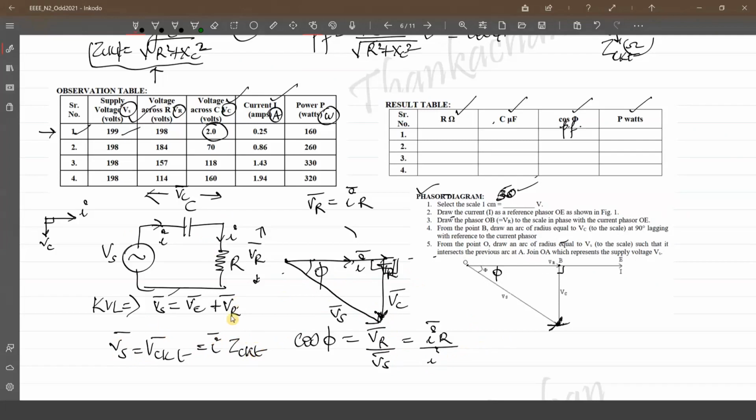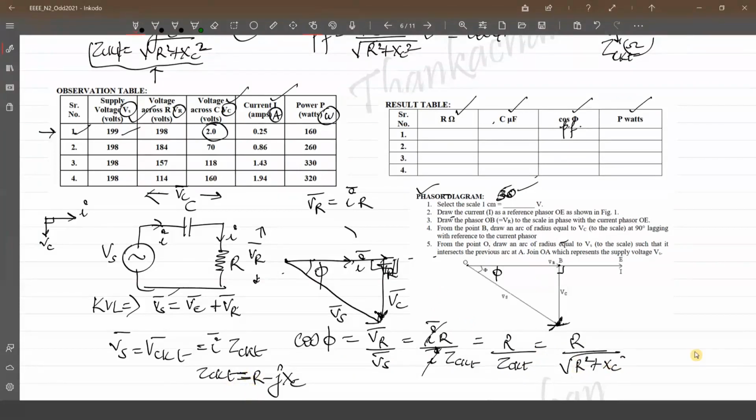Remember, we have already written this earlier. I into Z circuit, where Z circuit is R minus j times Xc, isn't it? So I gets cancelled, and what we have is R divided by Z circuit, which is R divided by root of R square plus Xc square, the magnitude of Z circuit.